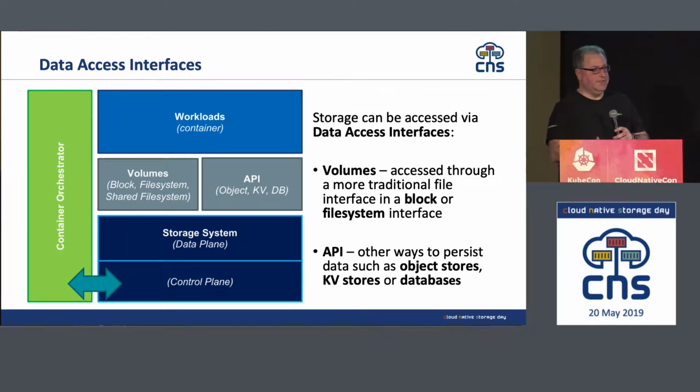The first one is volumes, and that covers things like block stores and file systems and shared file systems. And we also have another bucket which we've called creatively API, which covers things like object stores and key value stores and databases, because of course they are all valid. They are all valid persistence layers in cloud native storage.